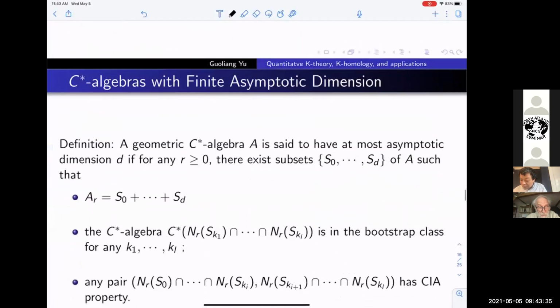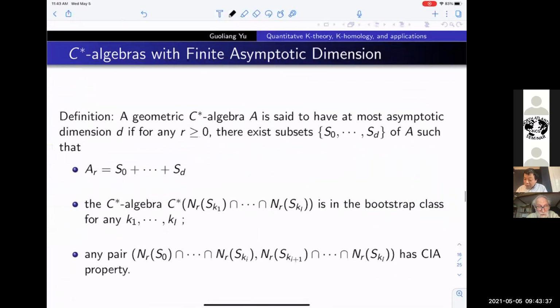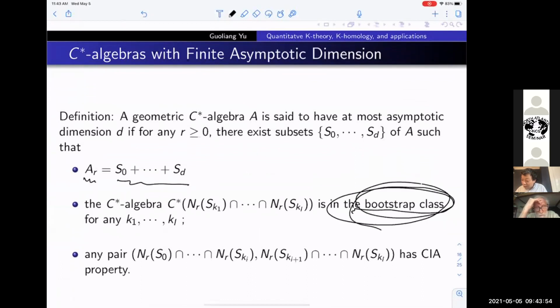But with that, we can now define the concept of system algebra with finite asymptotic dimension. You can decompose, at each scale, into a number of pieces, and each piece is something nice. I don't want to define what this is, something you can understand, where you can compute the K-theory. Okay, that's what it is.